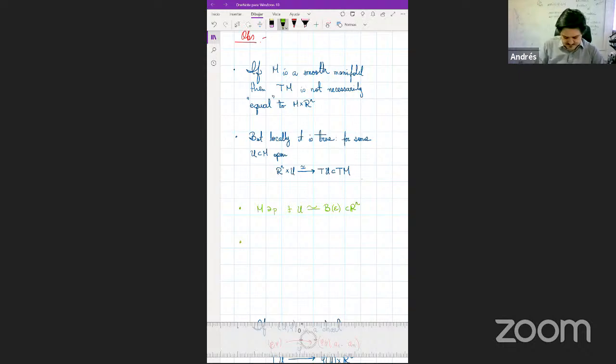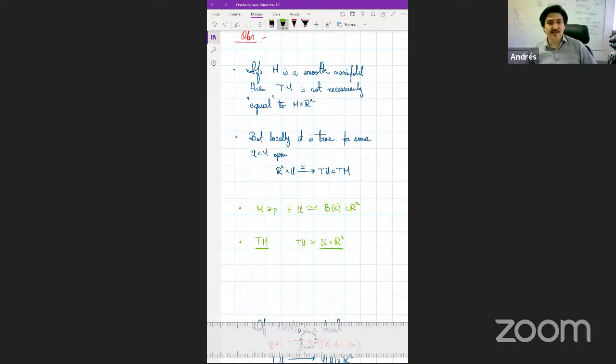Now, on Tm, basically our canonical open set is precisely something like this. So the tangent bundle is constructed by gluing sets that look like this.